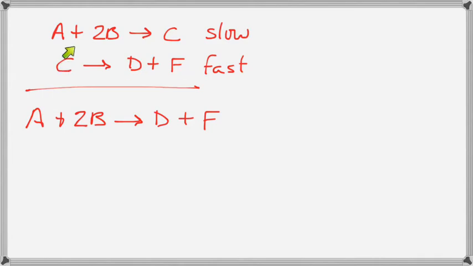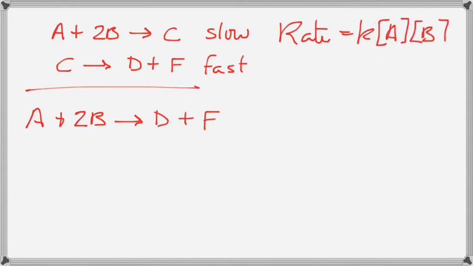The rate law predicted by this mechanism is the rate law predicted for the slow step. So that's going to equal a constant times the concentration of A times the concentration of B squared. So this predicted rate law from the mechanism has the concentrations of the actual reactants.